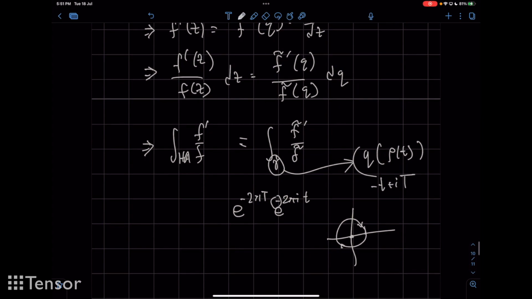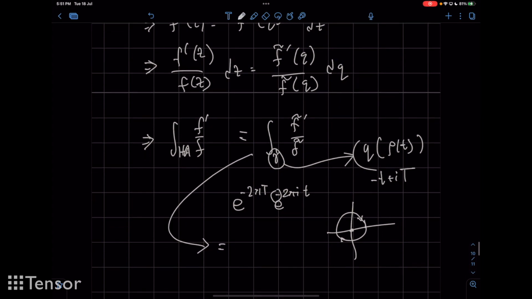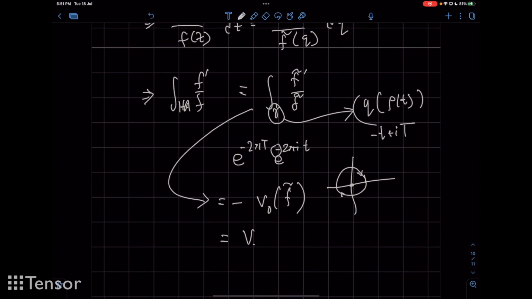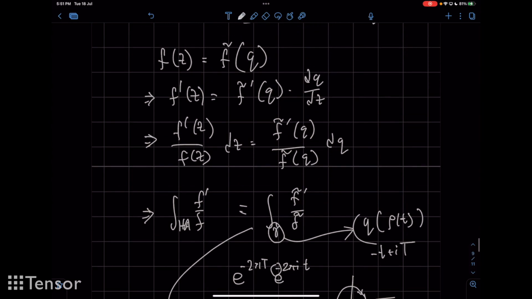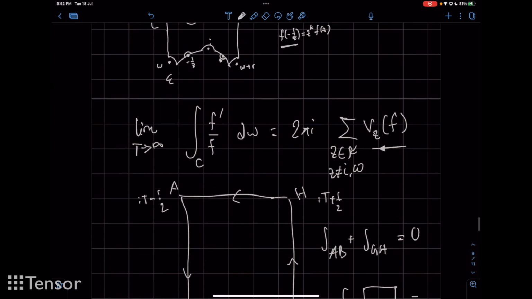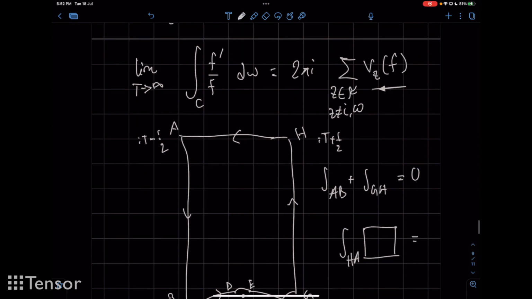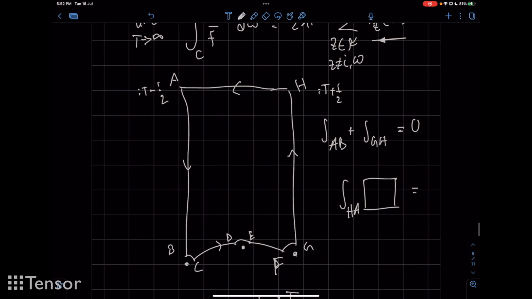So what should this be? This is the minus sign for the orientation, and this is v_0 of f tilde. And what is this? This is v infinity of f. Right? Is that clear? So yeah, we got one part.